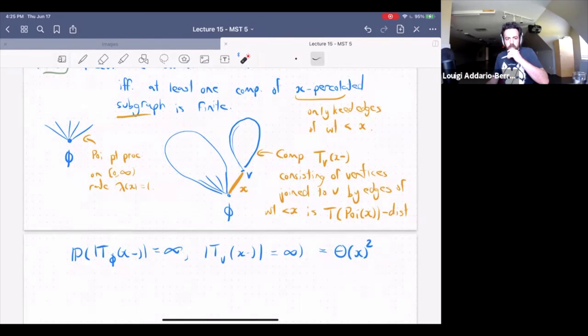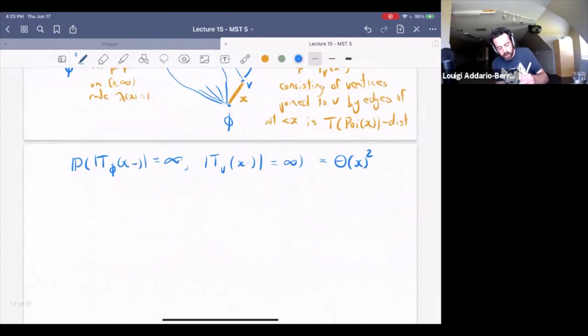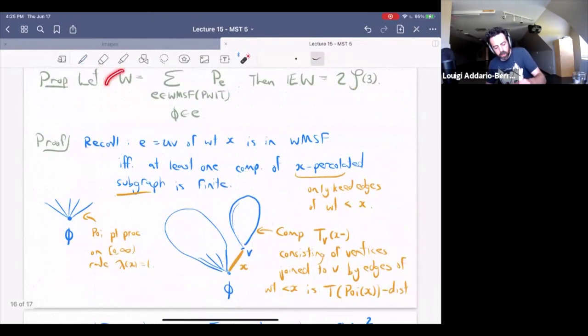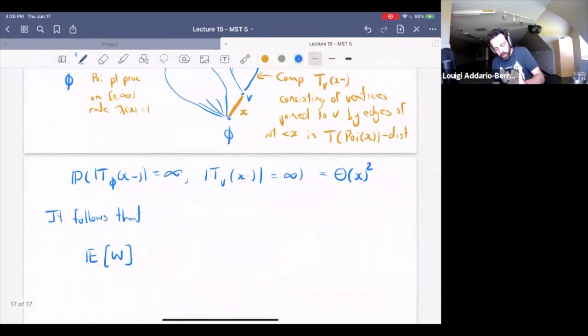So this means that the expected value of W is this total weight here. Like in Jean-Christophe's lectures, for this sort of function of a Poisson process, I can express it as an integral against the rate function and then the probability that each edge gets added along with its weight. So we have an integral and the rate function is lambda x dx.